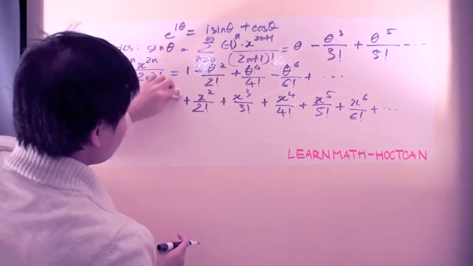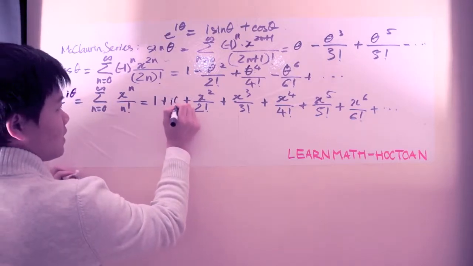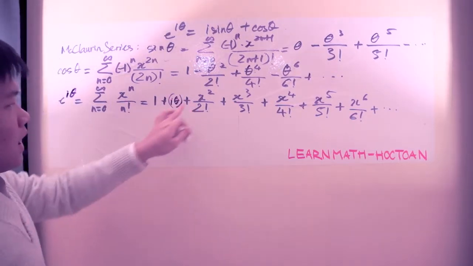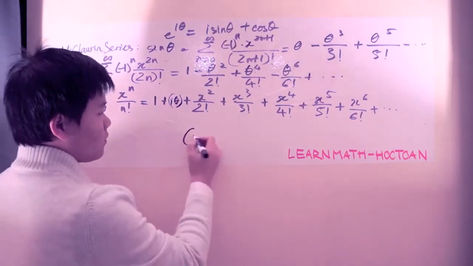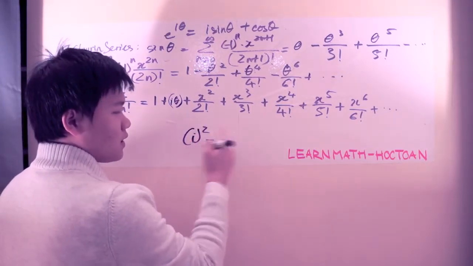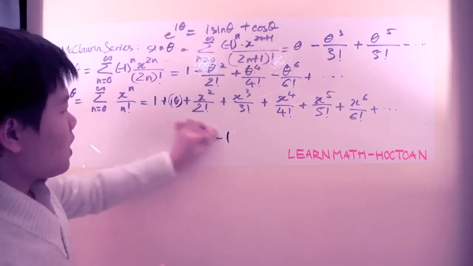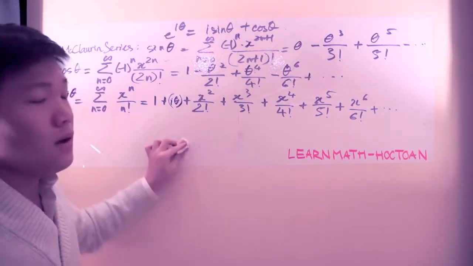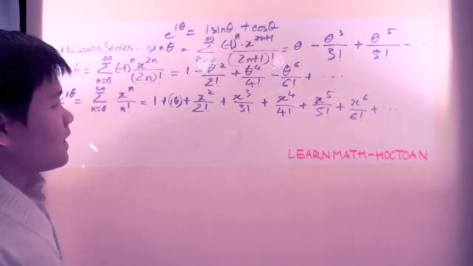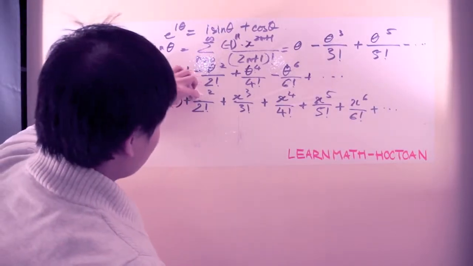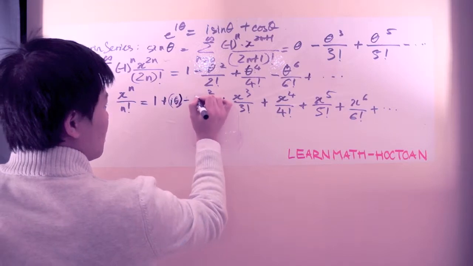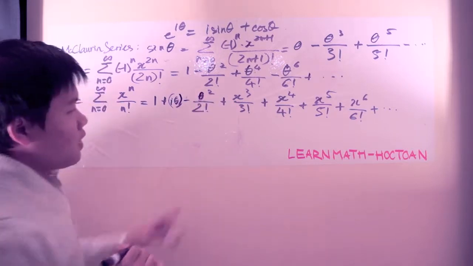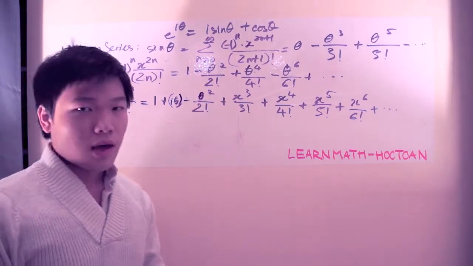We have I theta. Then I theta squared: I squared is minus 1, we know this, so I theta squared will be minus theta squared.